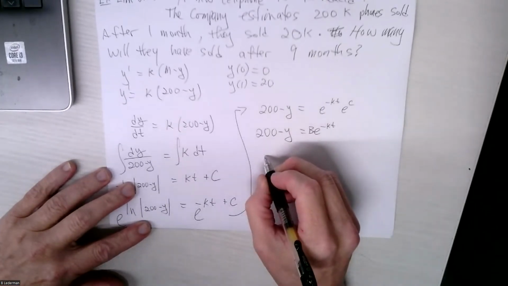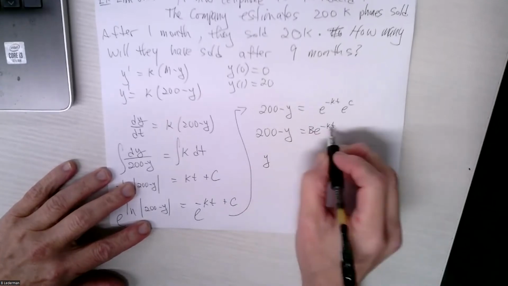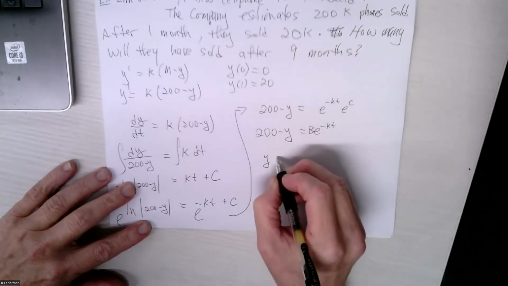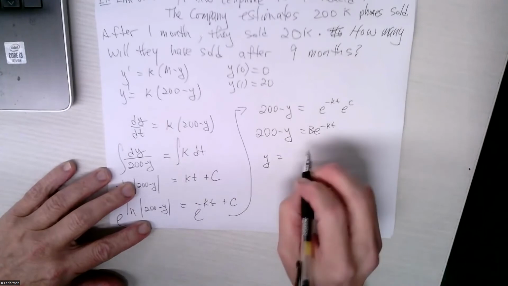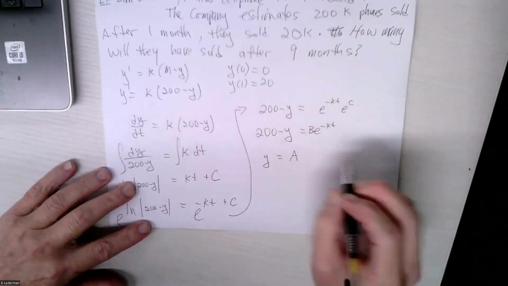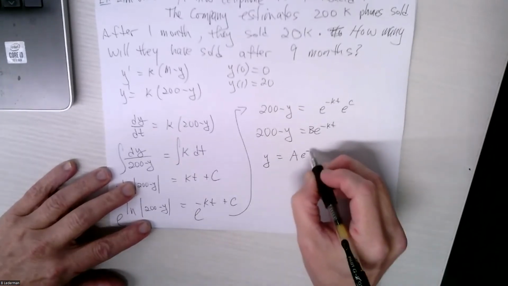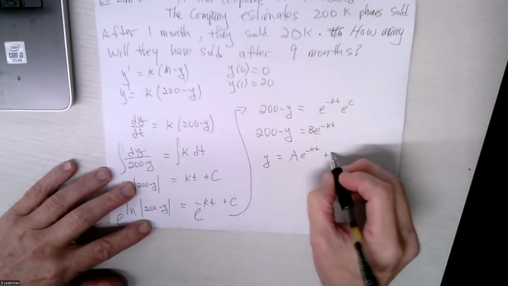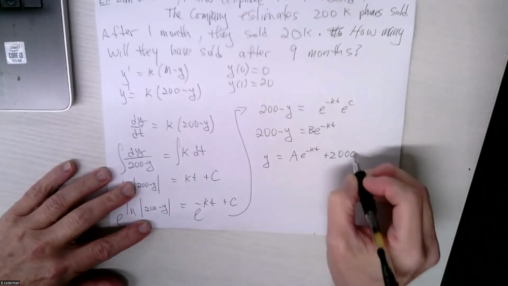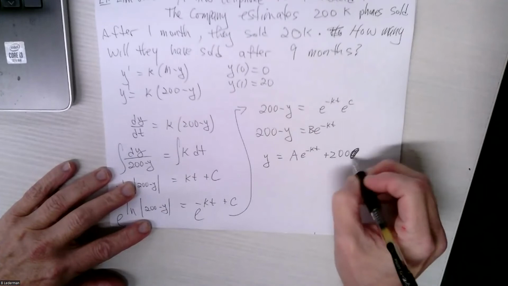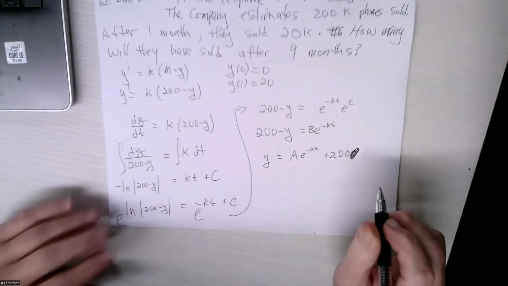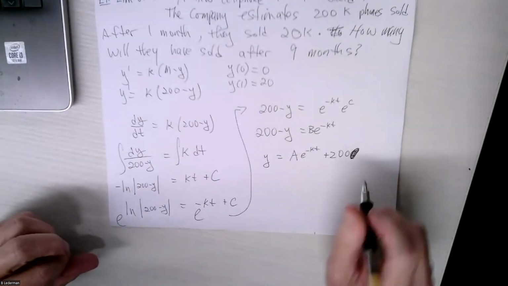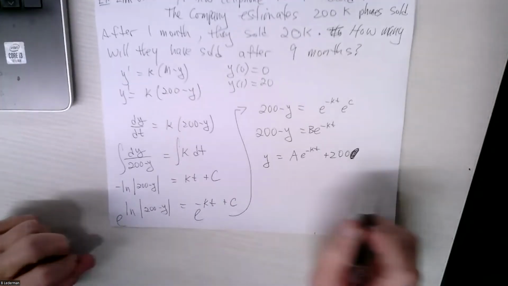So y is going to be equal to, I'm going to bring the y to the other side. So I get y equals a times e to the negative kt plus 200. Now I want to find a and I want to find k.